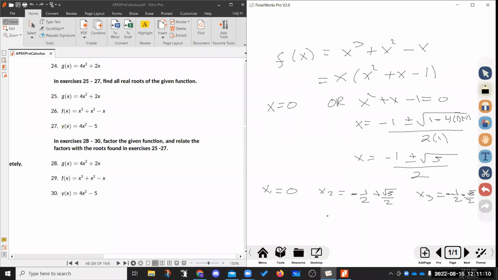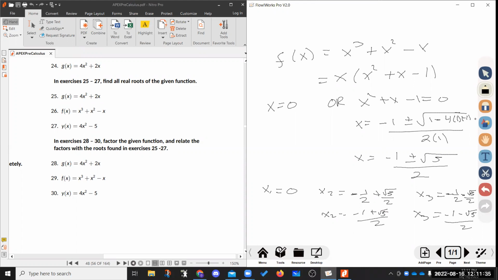You could also have written x2 as negative 1 plus root 5 in the numerator, all divided by 2. You could have written root 3 as negative 1 minus root 5, all divided by 2. It doesn't make any difference. They're the same answer. So those are my 3 zeros, or my 3 roots to my equation.